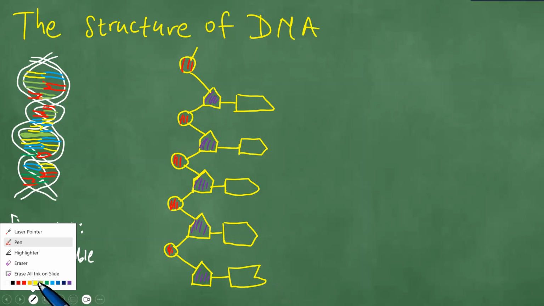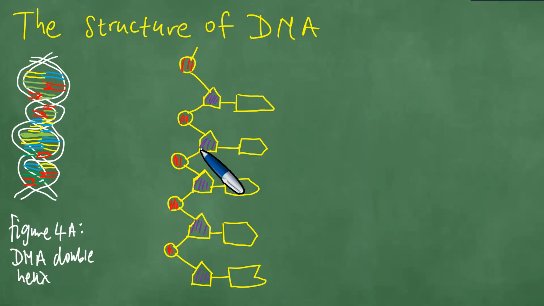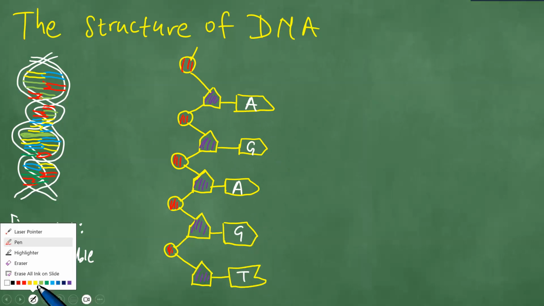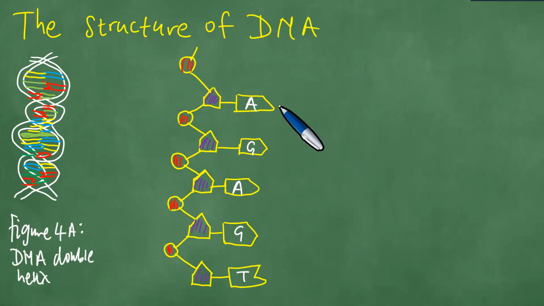Now let's look at the labels. Here we put capital A, G, A, G, T. Here I put a double bond, and then you have this here.